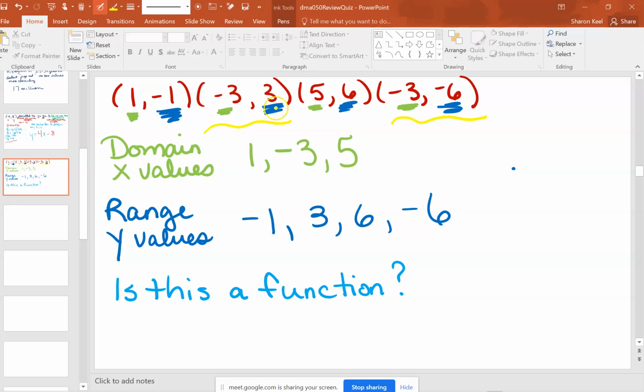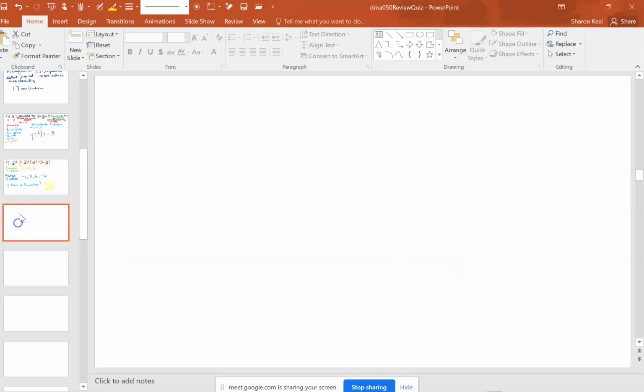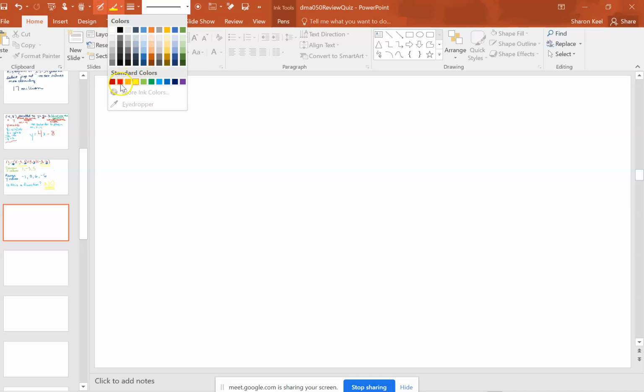They then have an output of different answers. So since we have these 2 ordered pairs that have one x, but 2 different y solutions, this one, no, it is not considered a function. It has to be one x answer to one y answer.